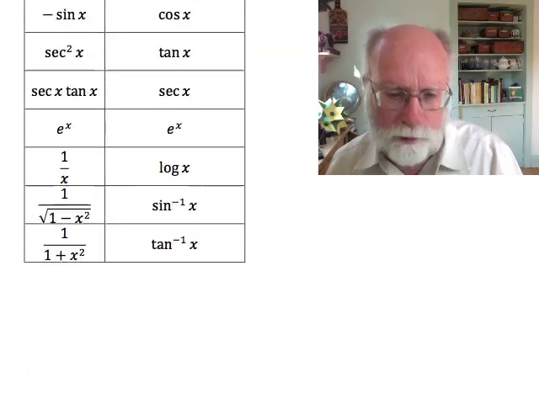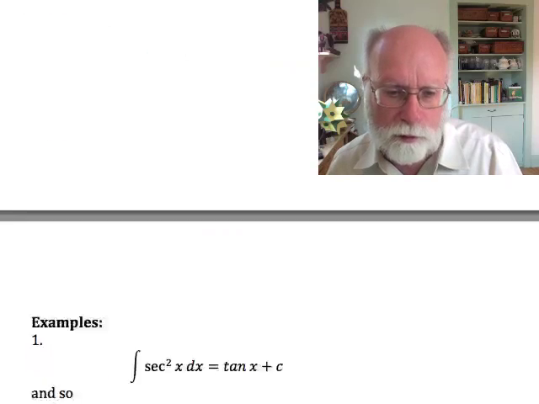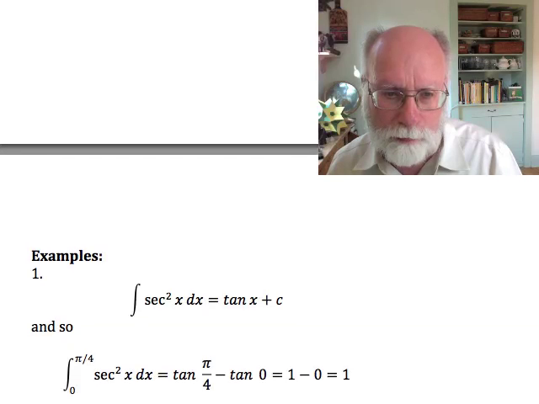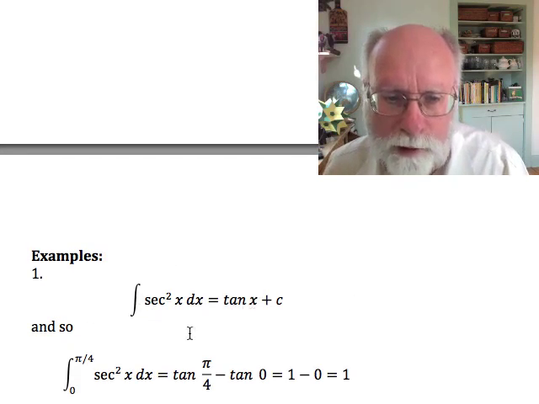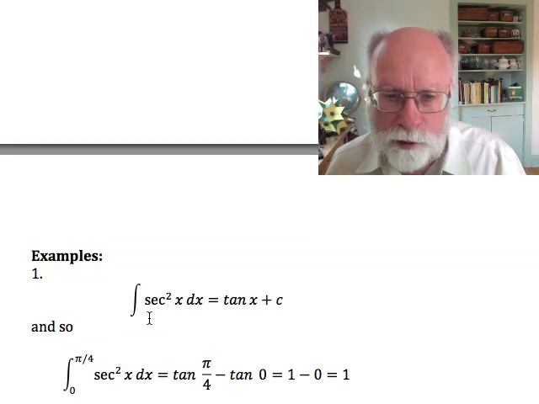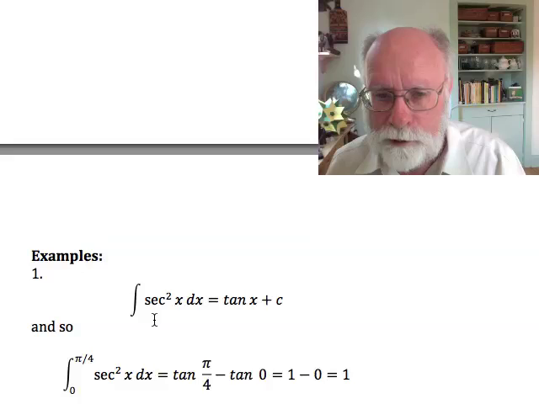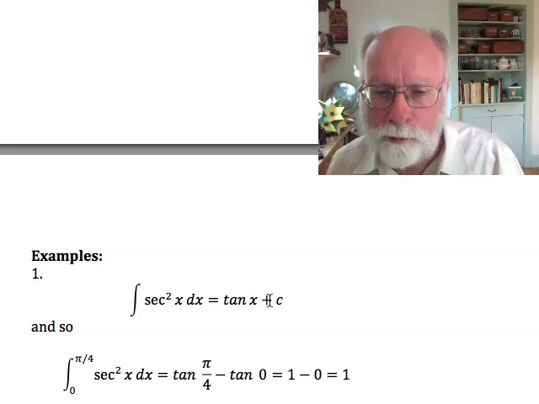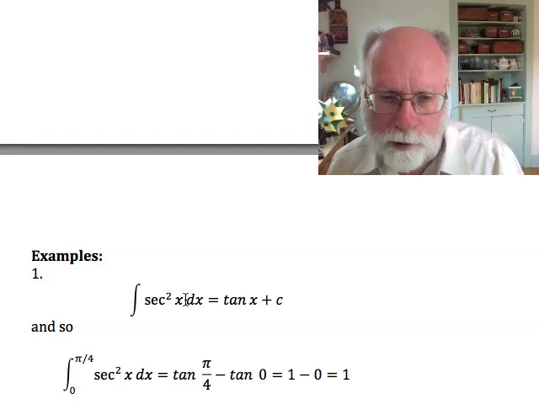So how are we going to use this? I'm going to do a few examples now. The table tells us that the most general antiderivative of secant squared x is tan x plus a constant. So this integral sign without any limits on it stands for the most general antiderivative of what I've got inside here, the integrand.